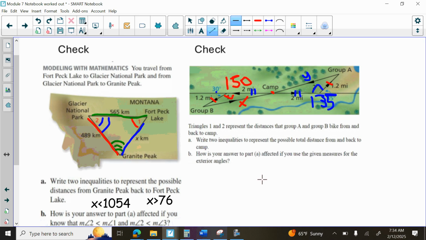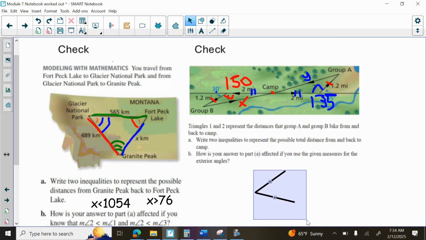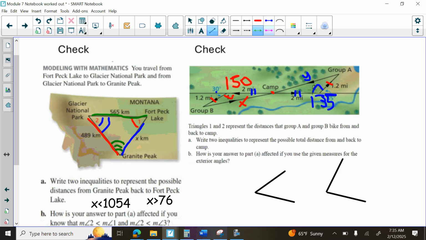You guys remember, if I had two sides that were the same, or two angles that were the same, but one angle is bigger than the other, what do we know about these two distances?